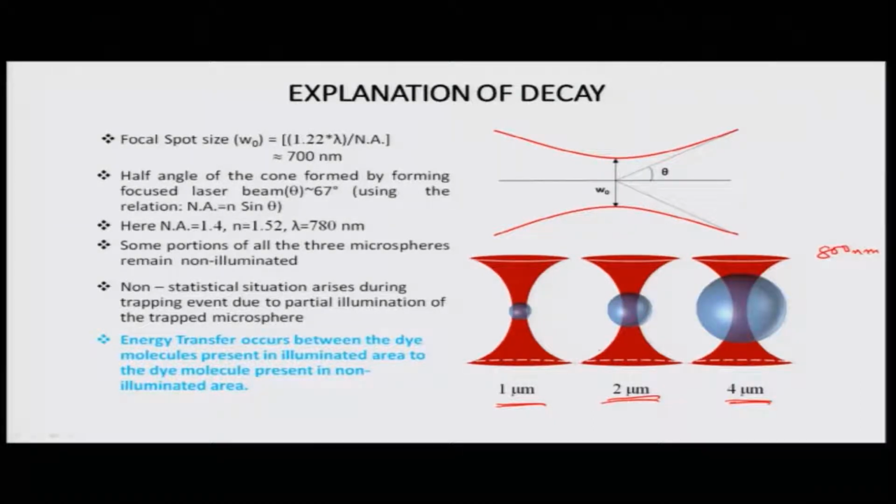As a result, these larger particles are not getting illuminated all through. That is one of the reasons why energy transfer can occur between the illuminated and the non-illuminated zone, and that can lead to a decay of the fluorescence that has been observed.